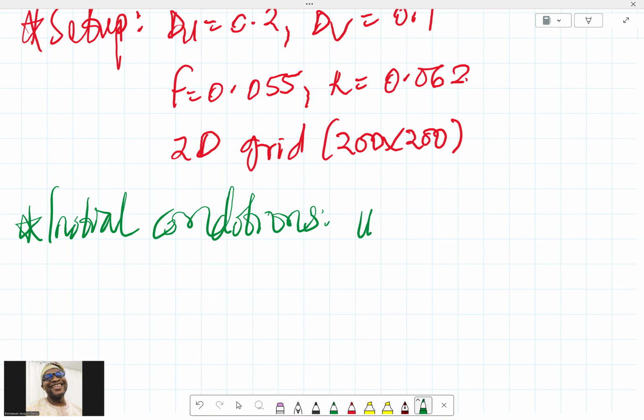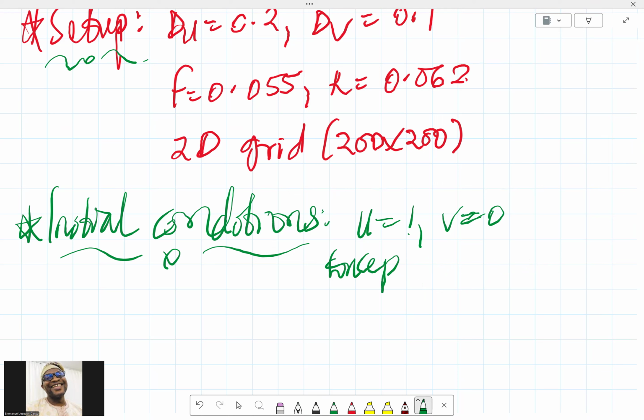Here we take U to be 1 and V equal to 0, except U is 0.5 and V is 0.25 in a square.